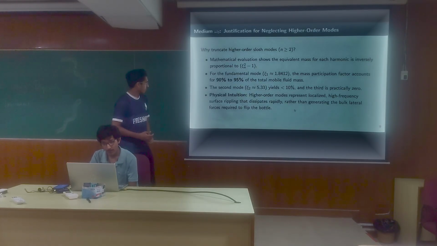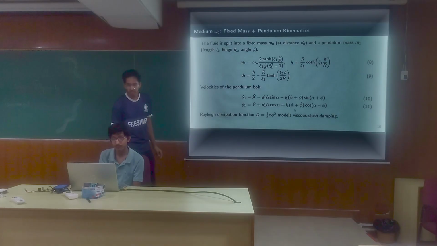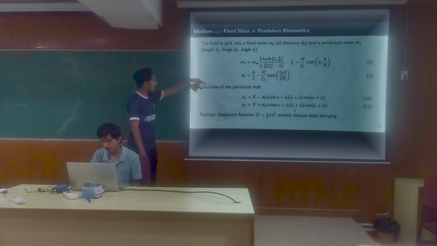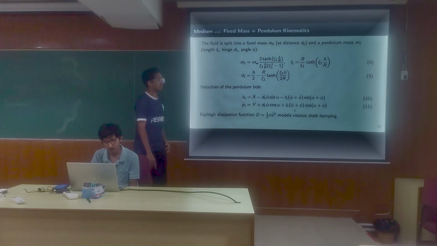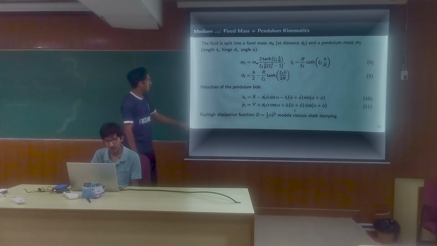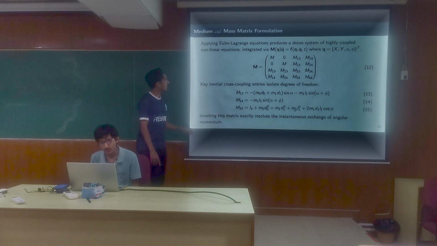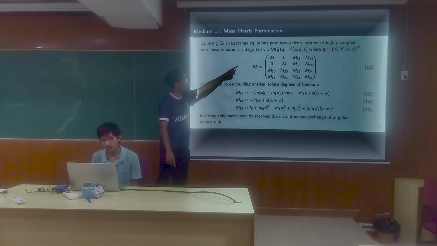So we are neglecting the higher values. We are taking these values from the paper by NASA, which we have cited in our report. And yeah, we get this mass matrix in this equation.